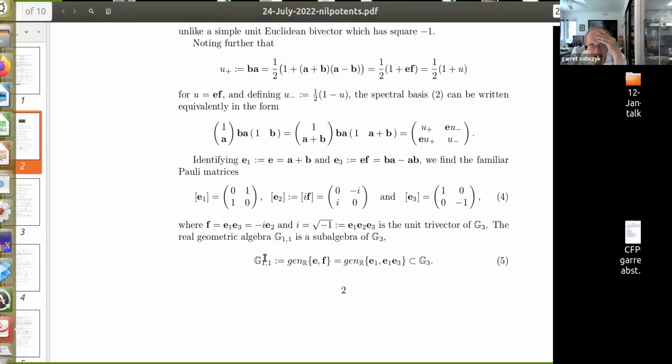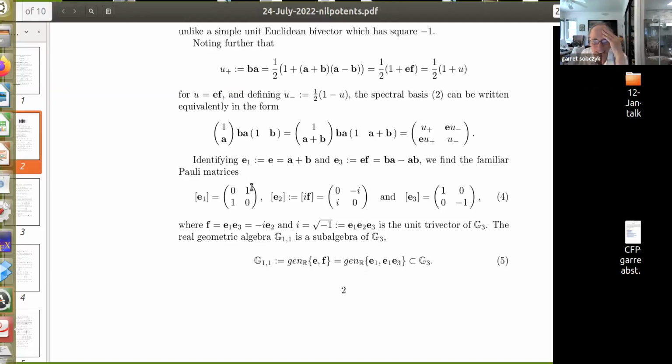Interpreted as an element of G11, F is just a vector, okay? And E1 times E3, well, that's a bivector in the algebra G3. So I'm emphasizing that the geometric interpretation of elements is really pretty arbitrary depending upon what geometric algebra you're talking about, but it corresponds to the same matrix algebra.